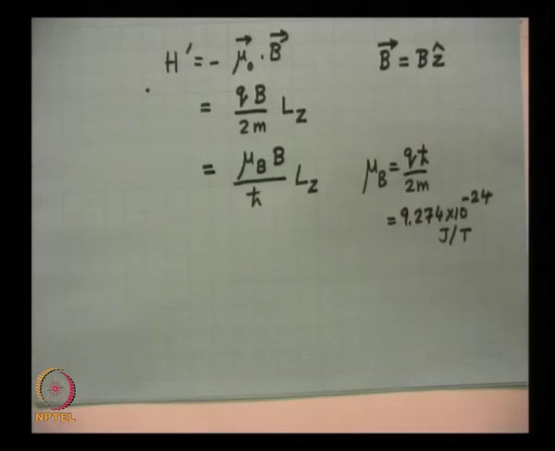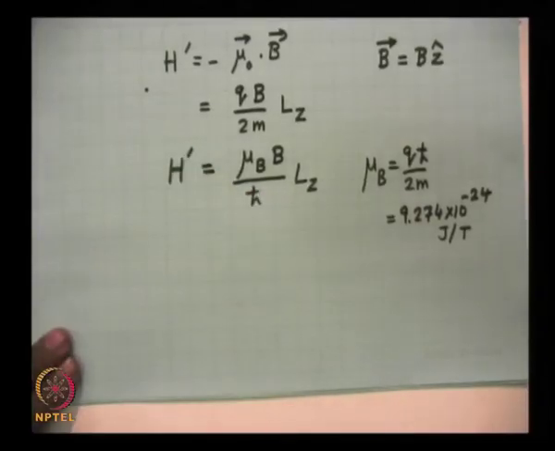So, I consider the orbital motion of the electron. I neglect that the electron itself has a magnetic moment. Because of the orbital motion of the electron, it sees a magnetic moment, and therefore there is an interaction energy when a magnetic field is applied, and that interaction energy is given by this.